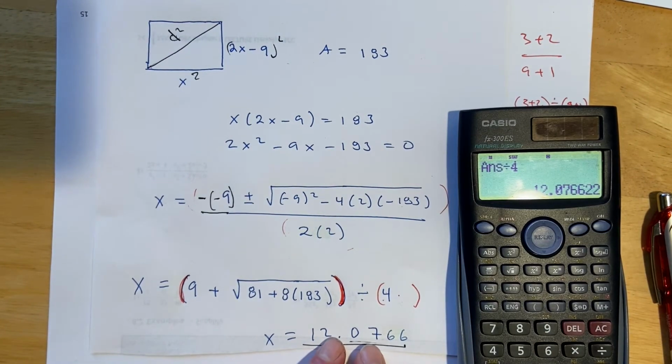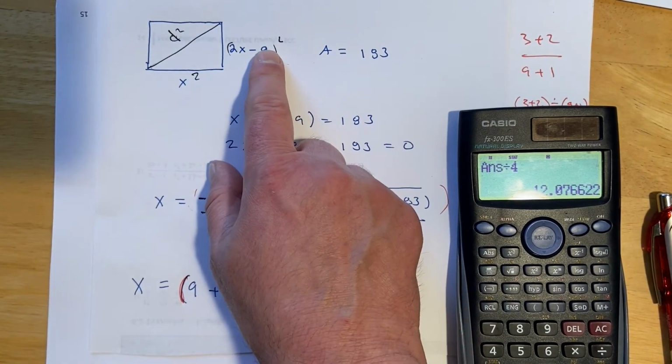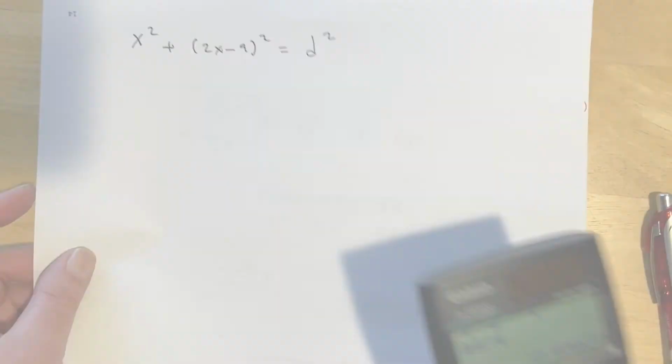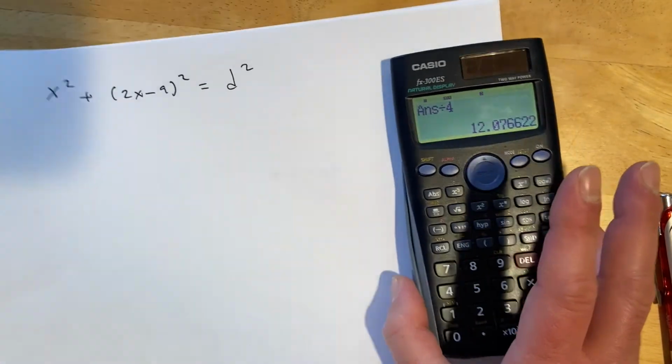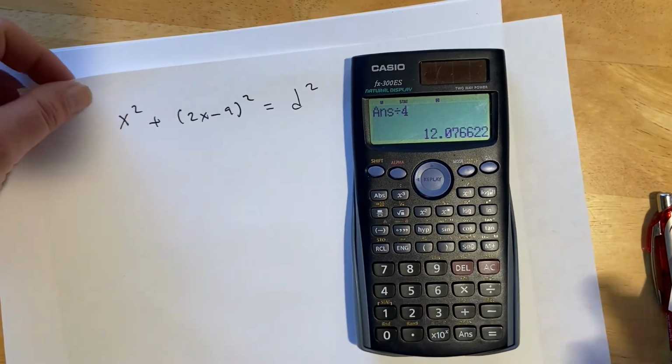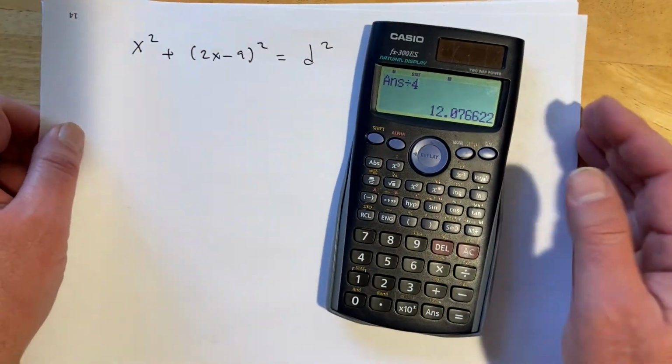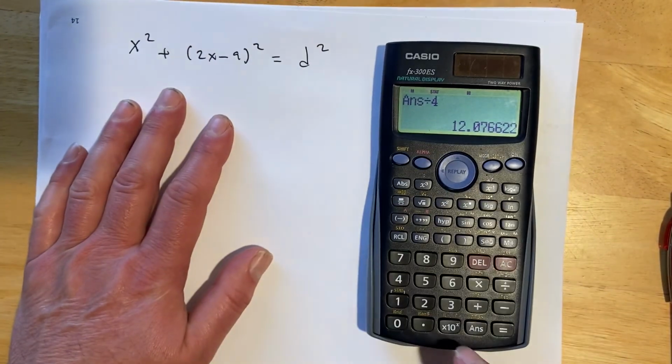And so then this is what we would be putting into the Pythagorean theorem to get at that D up there. So what I would do then is, if you haven't met the answer key, like I said, this one is great.